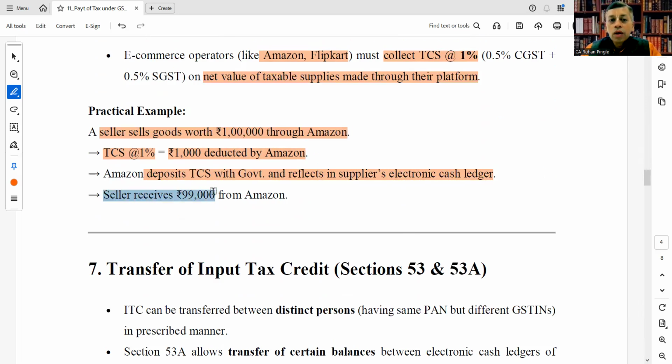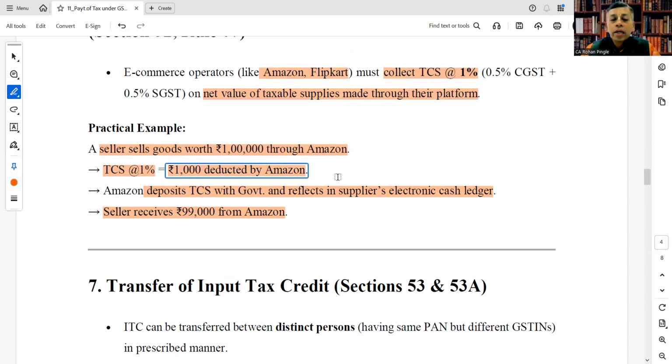The seller receives 99,000 from Amazon after deducting TCS, and the deposited TCS can be utilized from the electronic cash ledger.